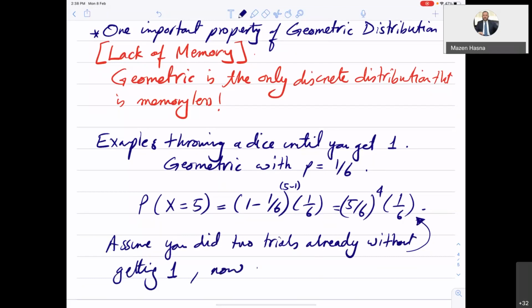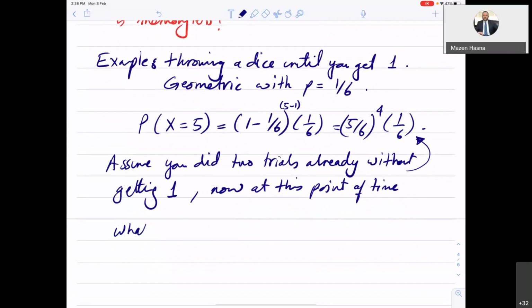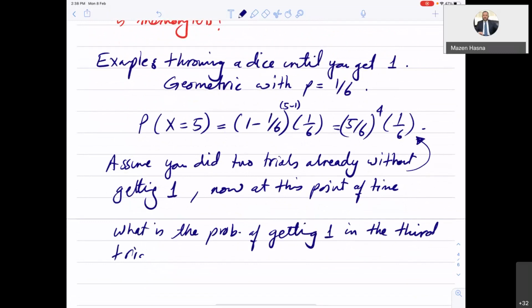Now, at this point of time, what is the probability of getting 1 in the 3rd trial from that point of time?